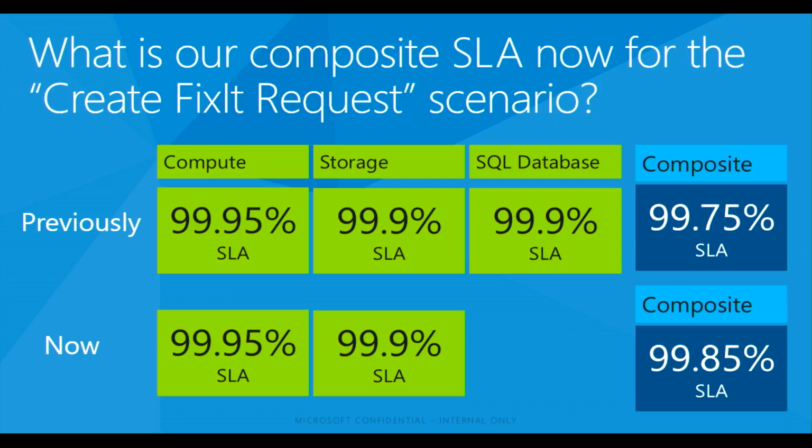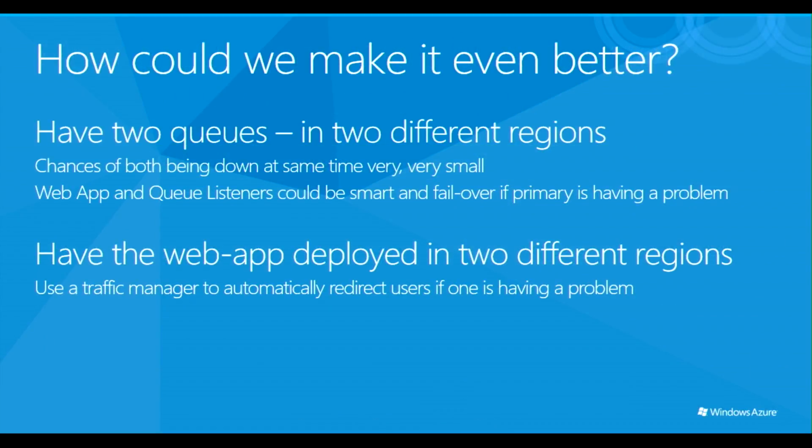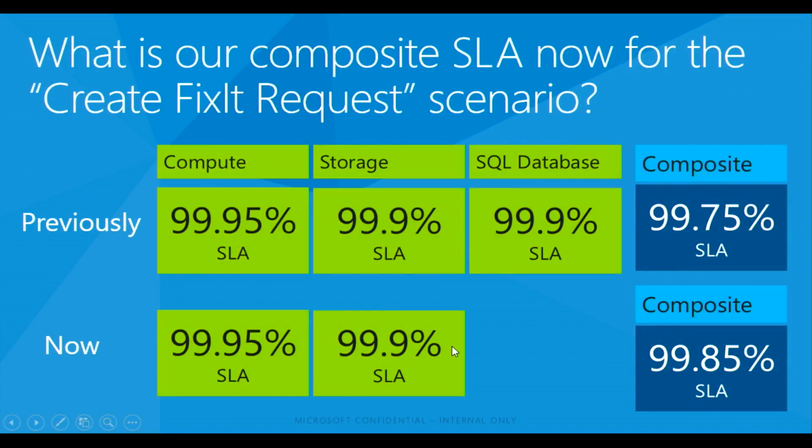Now you might say, 99.85 is still not something I can sell my boss. I want to have 99.9 for my app, or even 99.99. How would I do that? Well, a couple things you could do. Have two queues. If your system requires a queue, don't just have one, have two queues and put them in two regions. For example, once Australia comes online with Azure, you could have a queue in Victoria and a queue in New South Wales, and your web tier could try the main queue in its local region.